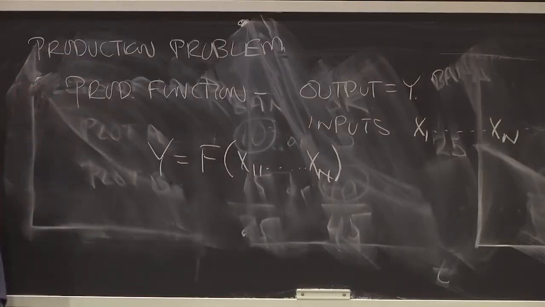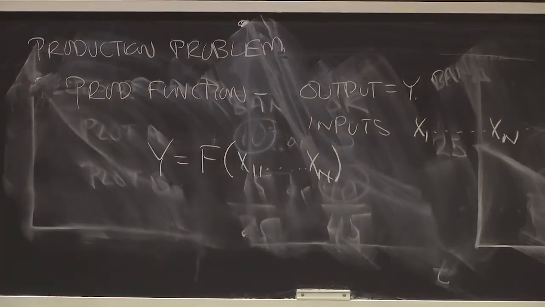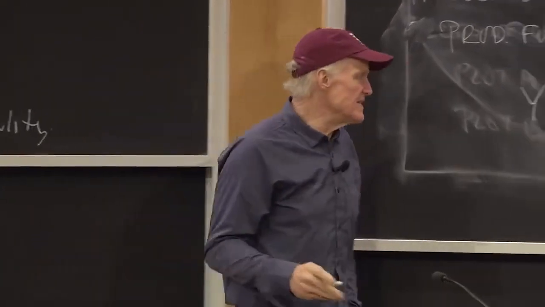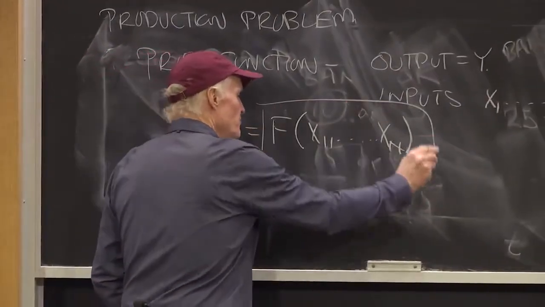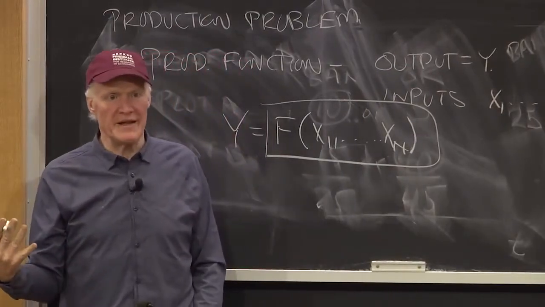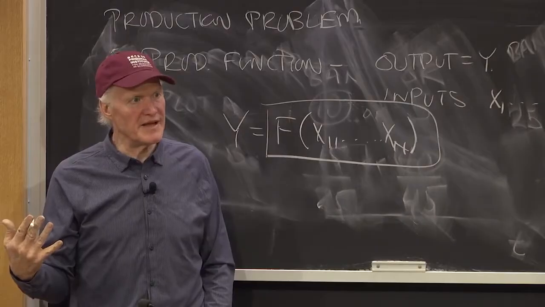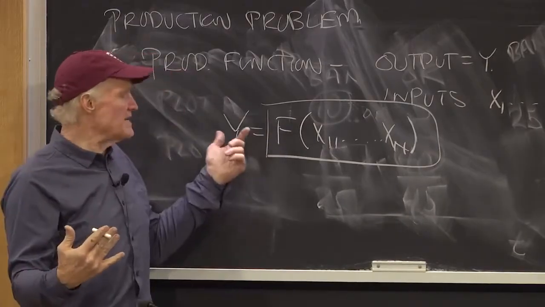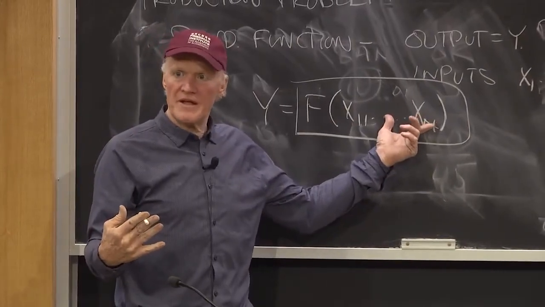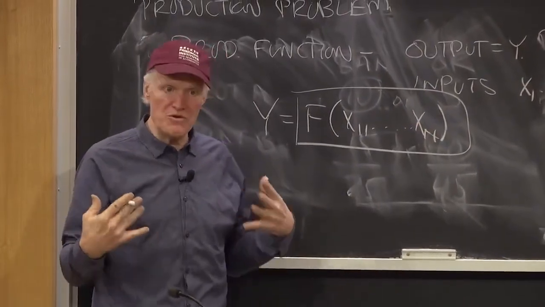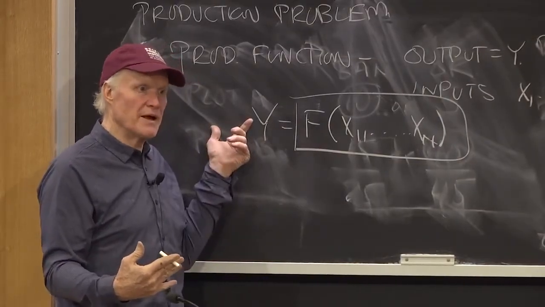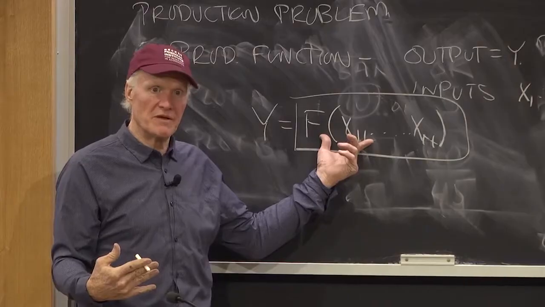Now, one thing I should emphasize that often we don't talk much about in economics is that this production function itself is the result of maximization already. Right? Everybody understands that. This is the maximum amount of output I can get from these inputs. I've already incorporated the idea that I'm using these inputs efficiently and producing the maximum output I can from a given set of inputs.